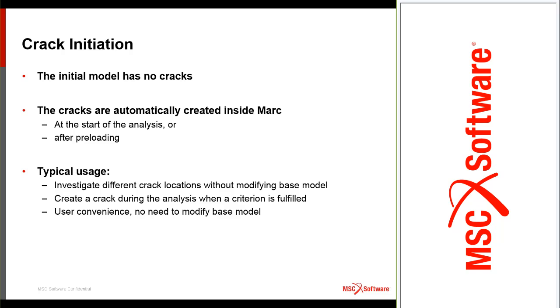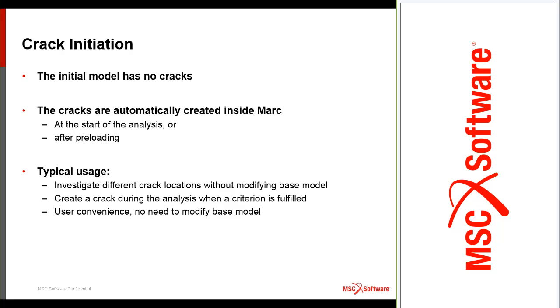What you do is you define where the crack should be located, and then the actual insertion or initiation of the crack is done inside Marc. And you can do this before you start the analysis, or as you start the analysis, or in a load case. So we can do a certain preloading without cracks, and then you insert cracks, and then you continue the analysis with the cracks. You can do a preloading, initiate cracks, and do a fatigue analysis, for instance. That's what you can do.